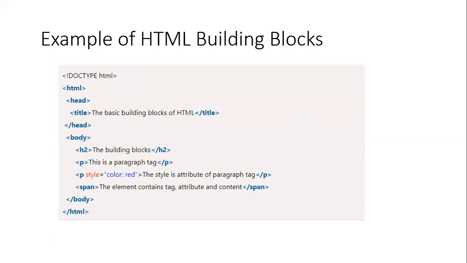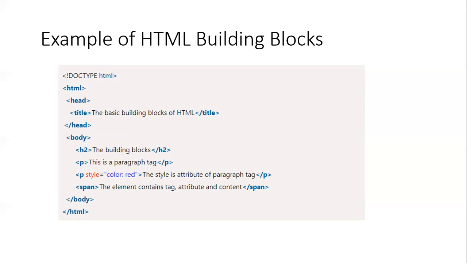Each and every HTML program contains all these parts. First is the HTML tag, the basic tag, the starting or opening tag of HTML. Then it contains two more important parts: the head tag and the body tag. You can take the example of a human body, which has a head section and a body section.